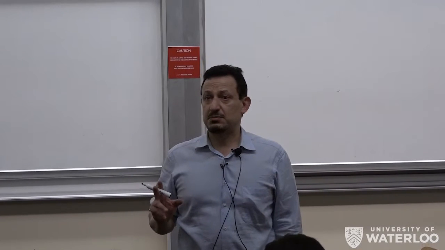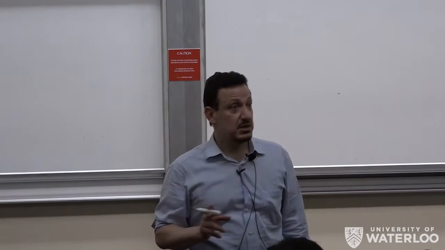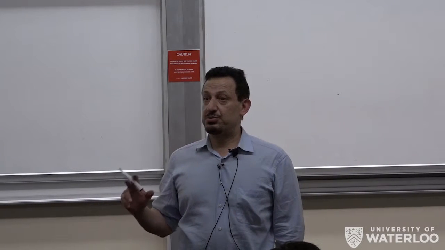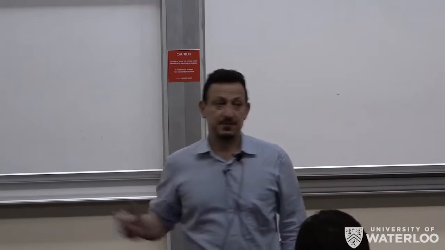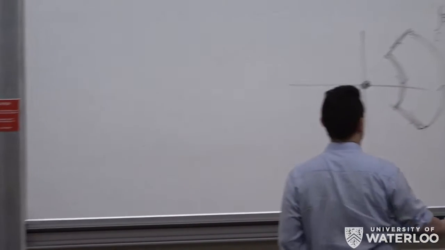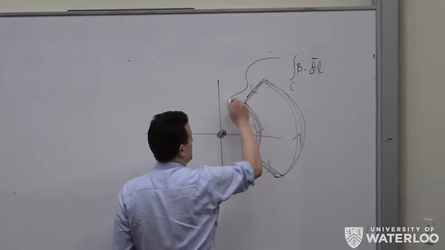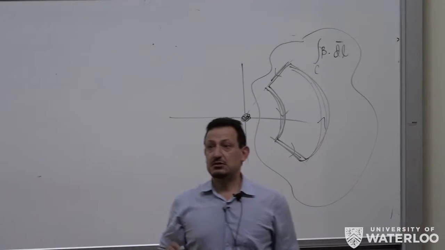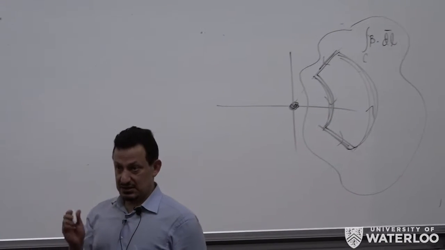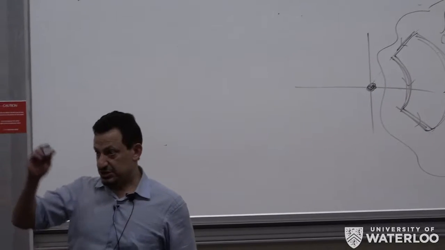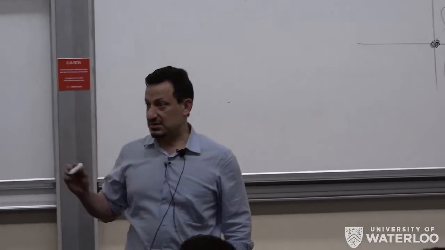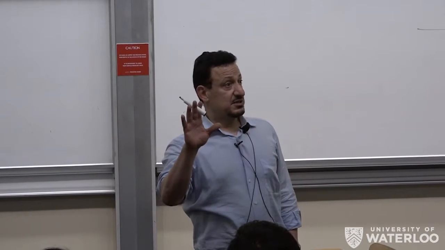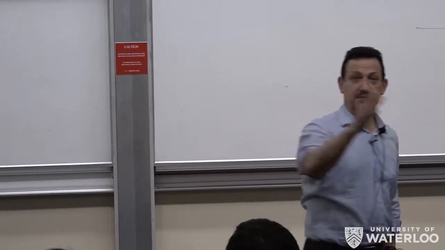But someone showed up asking me about the proof that for any loop, as long as that loop does not include any current, the integration of B along that contour is always zero. Is that guy here? Are you there? Okay.